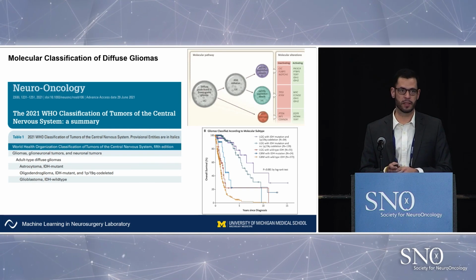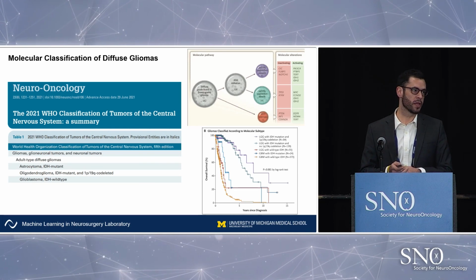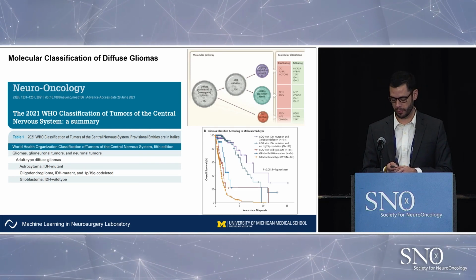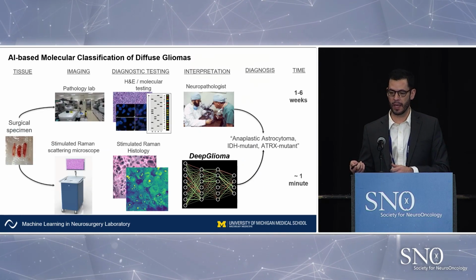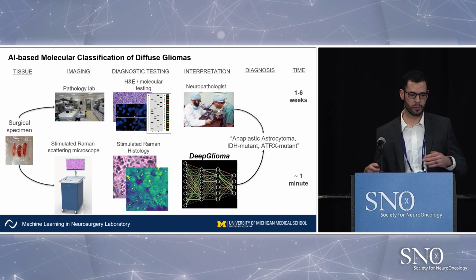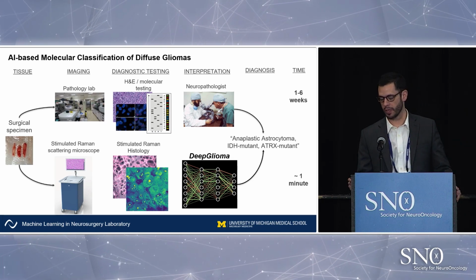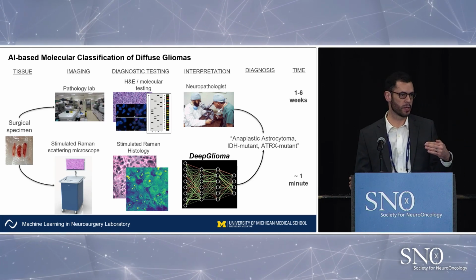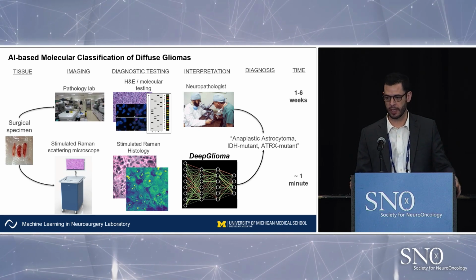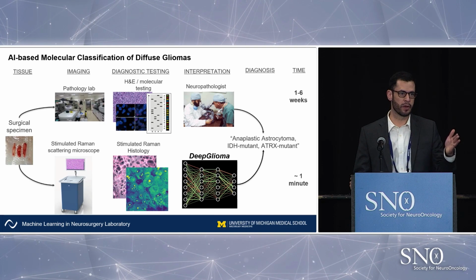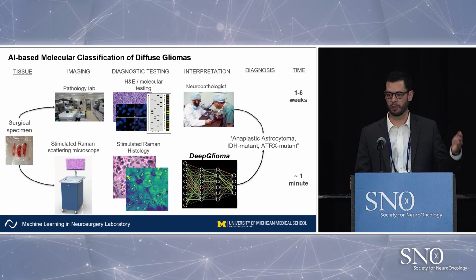We know that if we use these molecular features, they stratify patient survival and treatment response much better than histopathology alone. And our conventional workflow has been very similar for nearly a century, where we get a surgical specimen, whether it's a biopsy or tumor resection, it goes to a pathology lab, and then it undergoes a battery of both histologic and molecular tests.